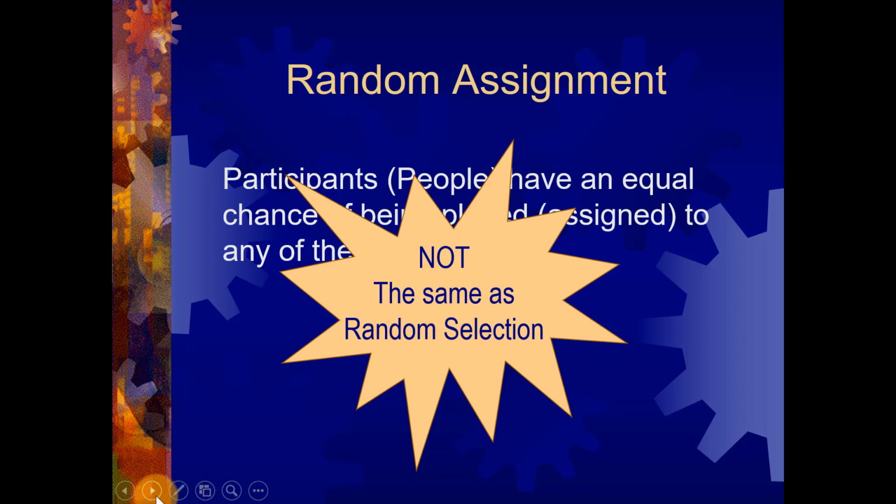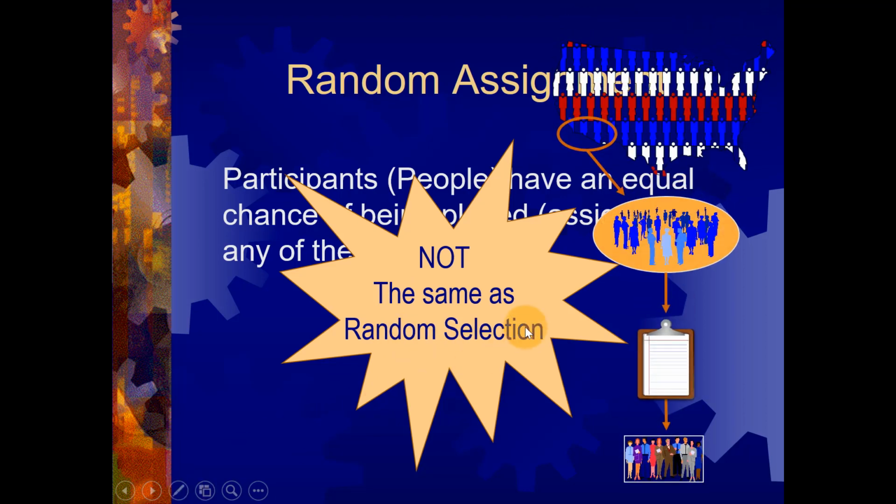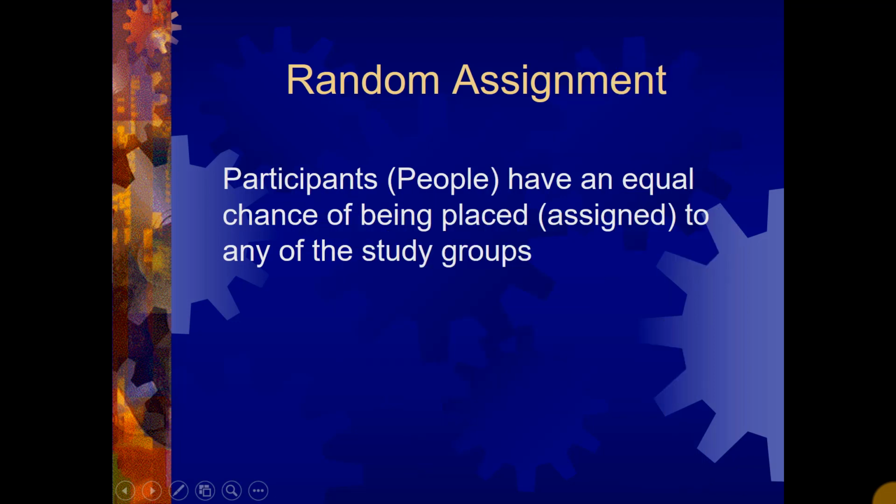But if you recall back to the sampling video, random selection is about how the sample gets selected from the population of interest. This is the sampling process, and it can be done randomly or non-randomly. But regardless, this does not matter when we're talking about random assignment.